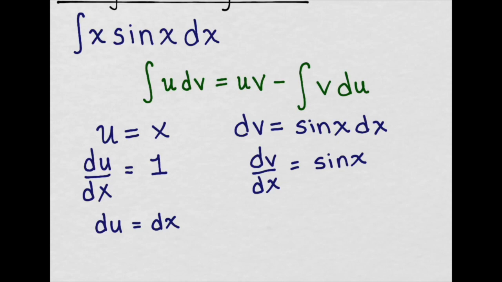Well, the derivative of cosine is negative sine, so the derivative of negative cosine is sine. In other words, if we use v equals negative cosine of x, then when we take the derivative, we get sine of x back.